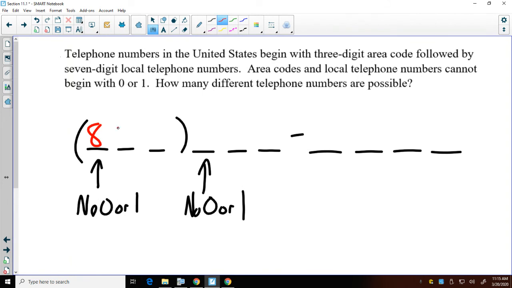So that's 10 digits. Position 3, again, you have 10 digits. Position 1 in the local phone number, again, 0 and 1 are thrown out, so you only have 8. The rest of these digits, you all have 10 options.